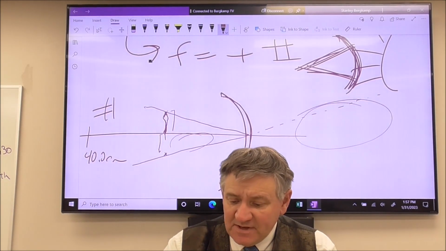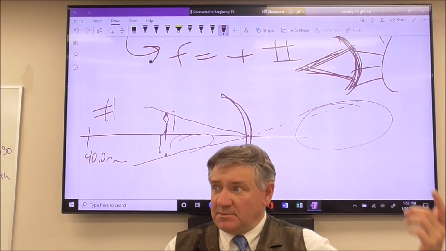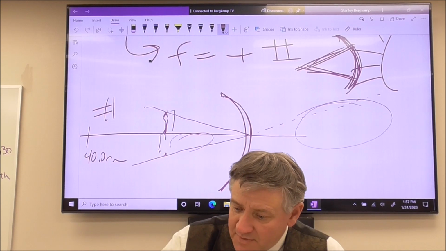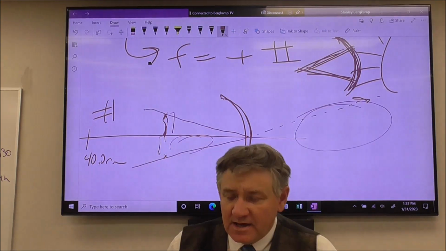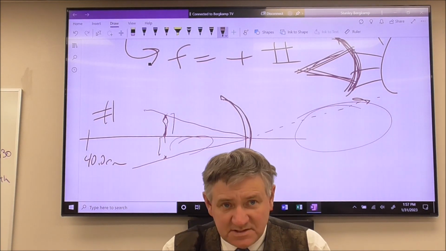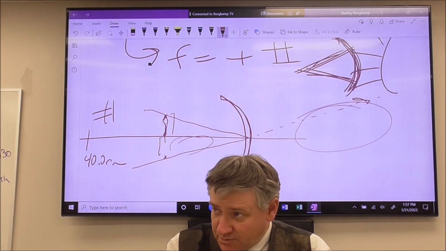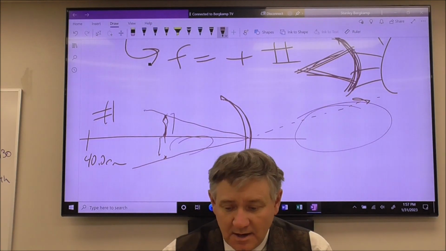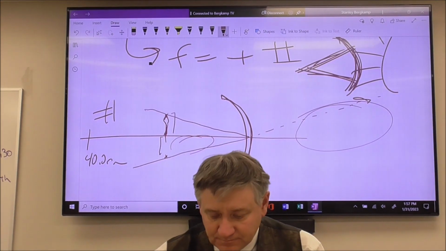So if it's here, obviously it's going to be inverted. If it's out there, then it's going to be right side up. This is the first thing I draw with mirrors. I don't care where it is, and I don't care what your scale is.